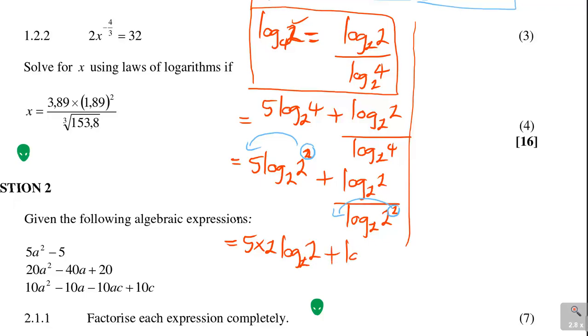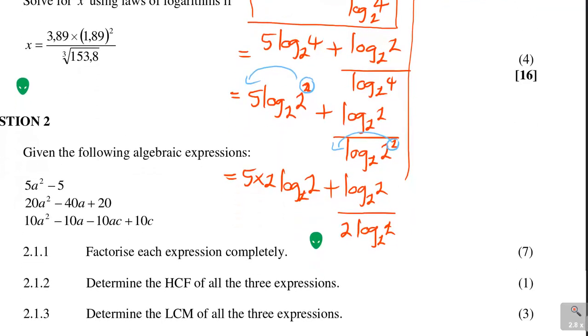plus log in base 2 of 2 over 2 log in base 2 of 2. I think you can see how simplified this is now becoming, unlike when we changed everything into log base 4. The answer was still going to come out right, but it was going to require some extra laws that were unnecessary. So now log 2 of 2 is 1. So here, this is a 1, this is a 1, and this is a 1.